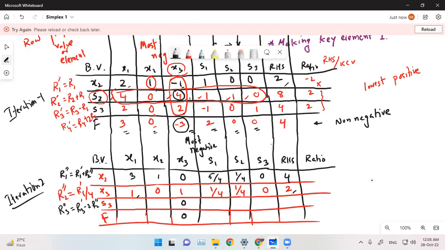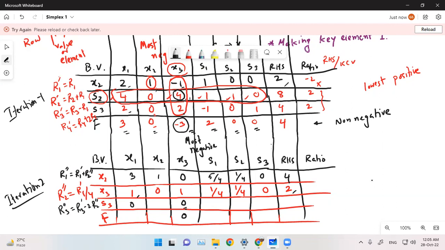So this will give us this value 0. Now the previous value of R3 is 2, so 2 minus 2 into 1. So this will be 0.